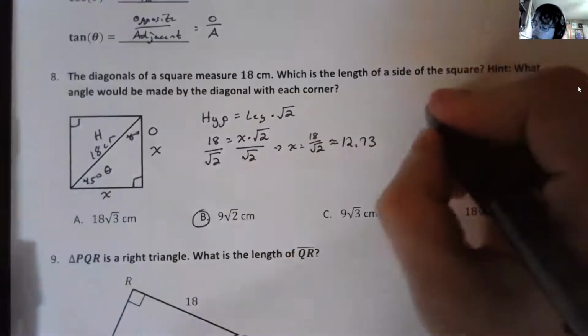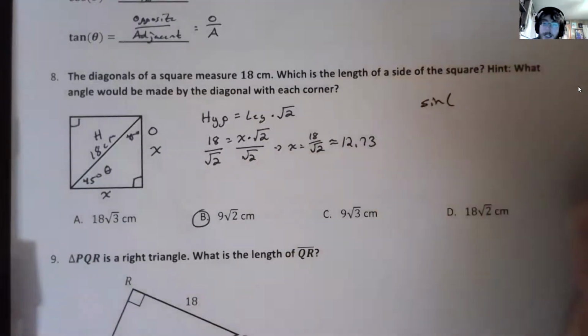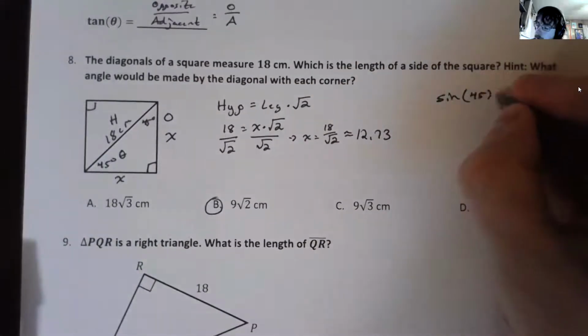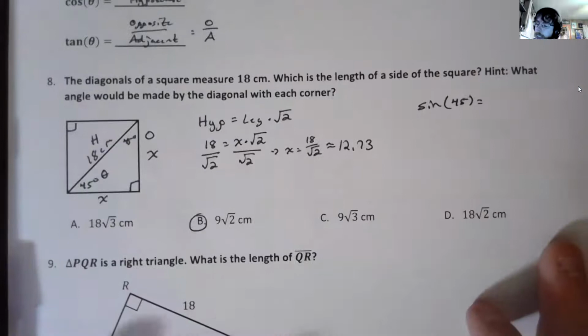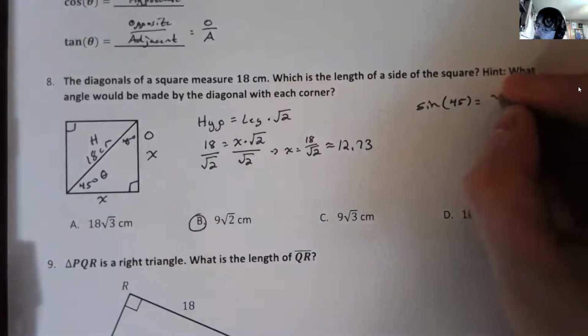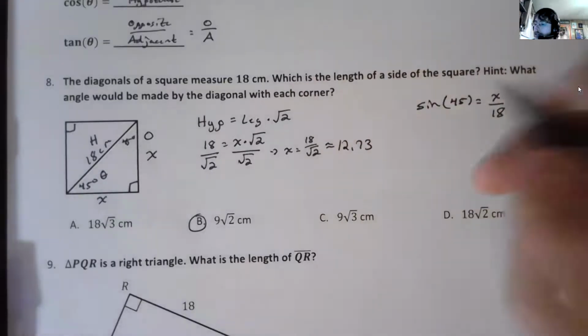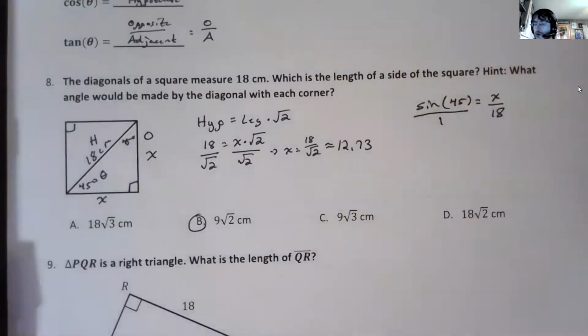That would be sine. So we put sine of theta. Well, theta was 45 degrees. And that's equal to the opposite side, which is x, over the hypotenuse, which is 18. Then we're going to put sine of 45 over 1, and we're going to cross multiply.